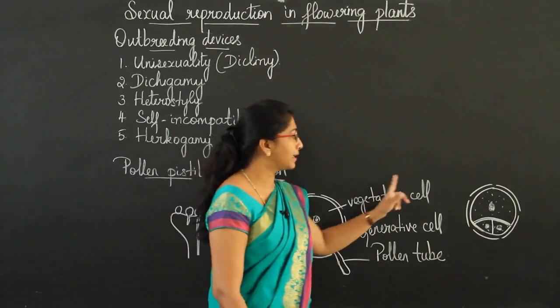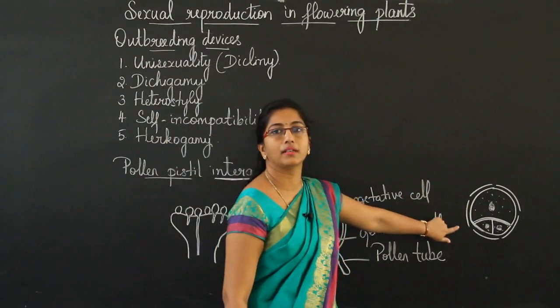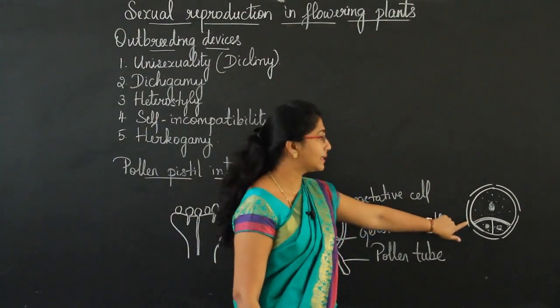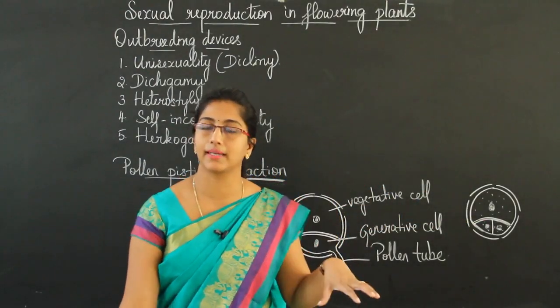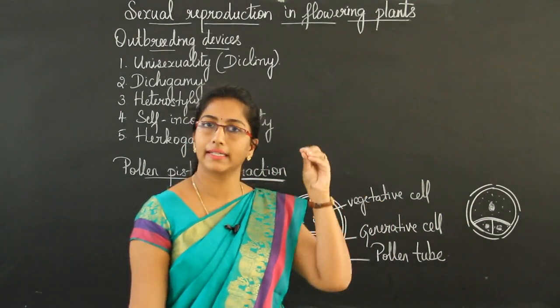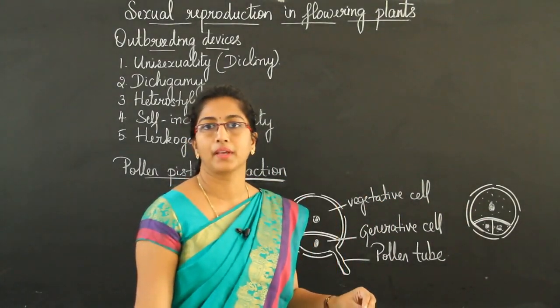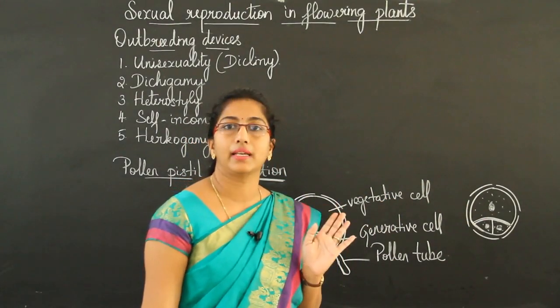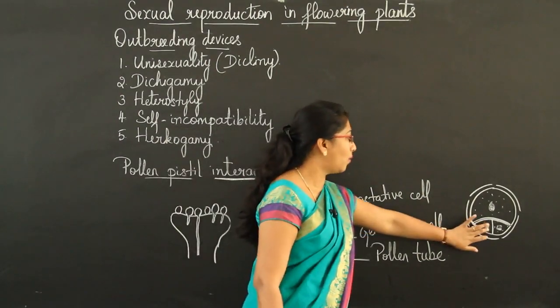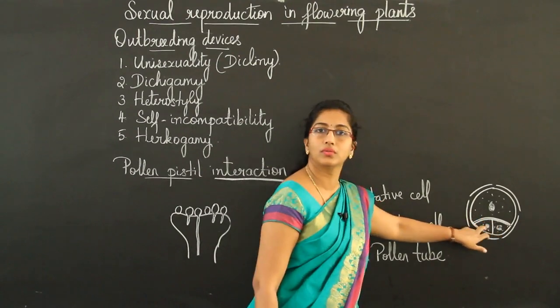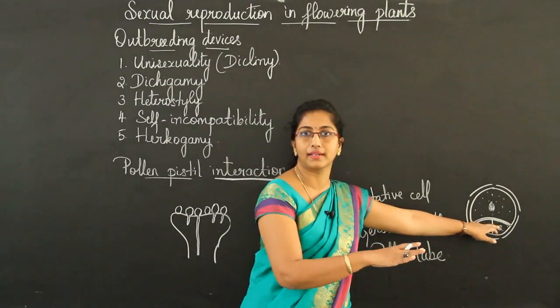Now what happens if a 3-celled pollen grain is falling on the stigma? All the contents are flowing into the pollen tube. There is no division taking place because it's already done. The division is over and you will see 2 generative cells already present there.